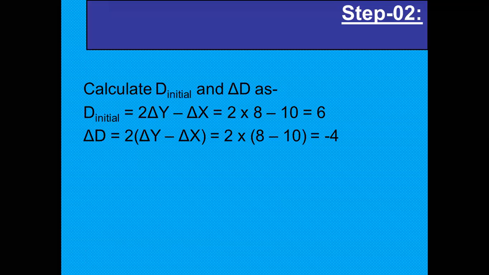And delta D, the formula is 2 into within bracket delta y minus delta x, so this value you will get as minus 4. D initial as per formula, 2 into delta y minus delta x, we will get here 6.